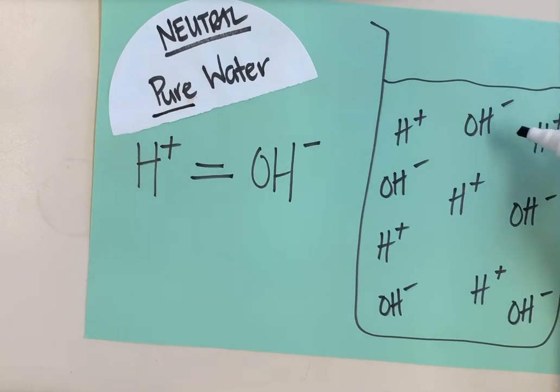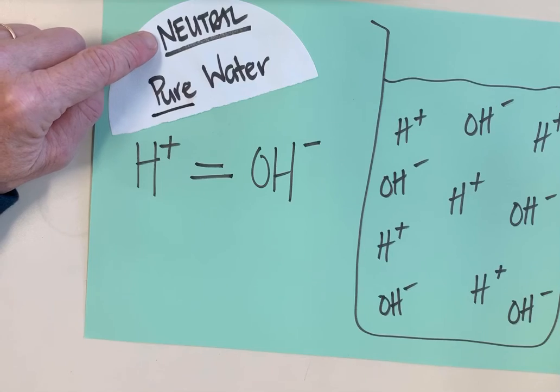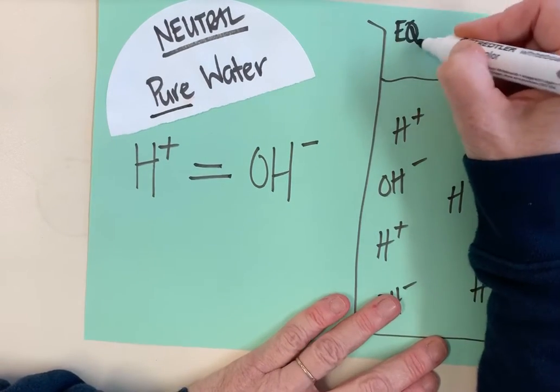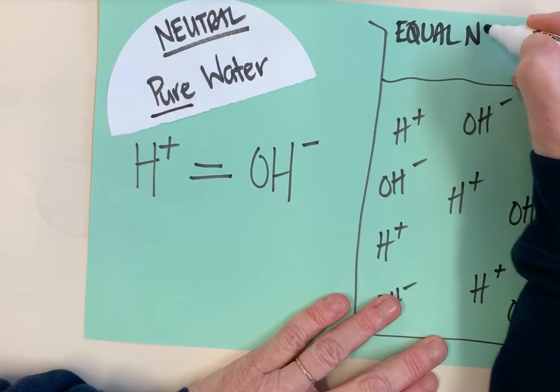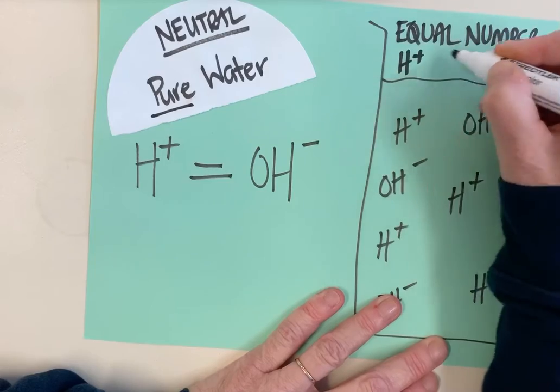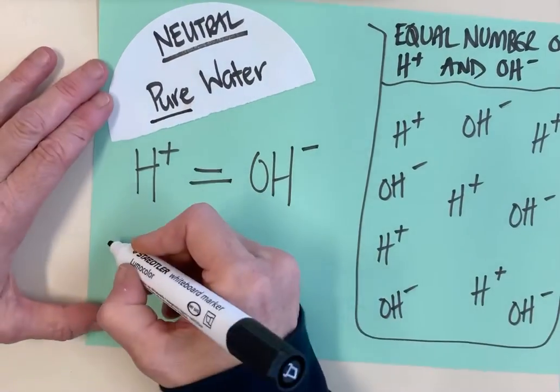When the number of hydrogen ions is equal to the number of hydroxide ions, we say that the solution is neutral. So it's an equal number of hydrogen ions and hydroxide ions.